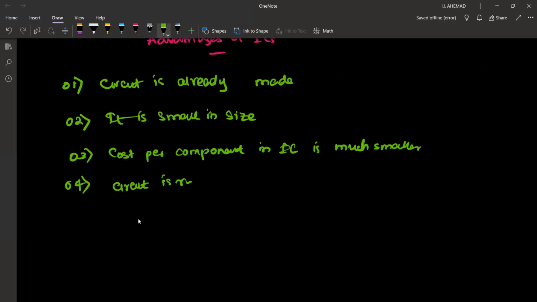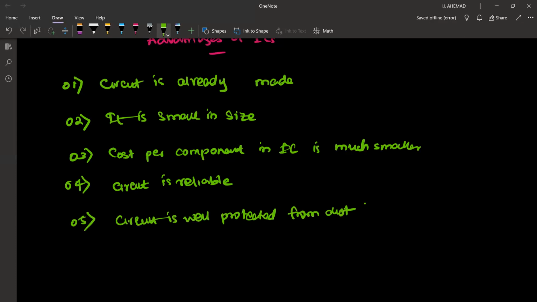Fifth, the circuit is well protected from dust and moisture of the environment.